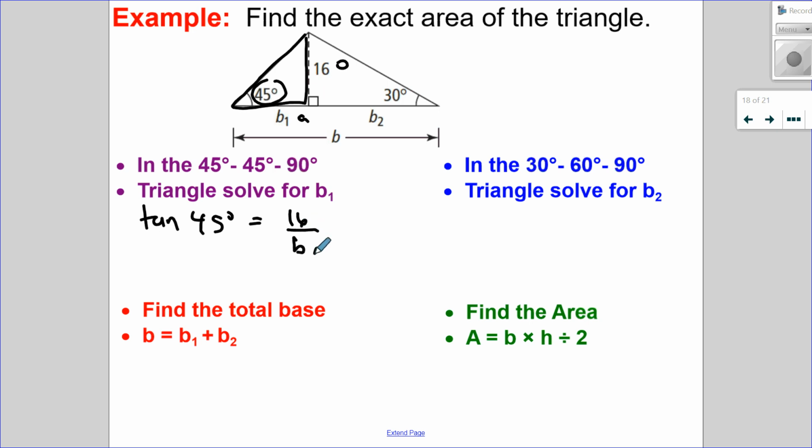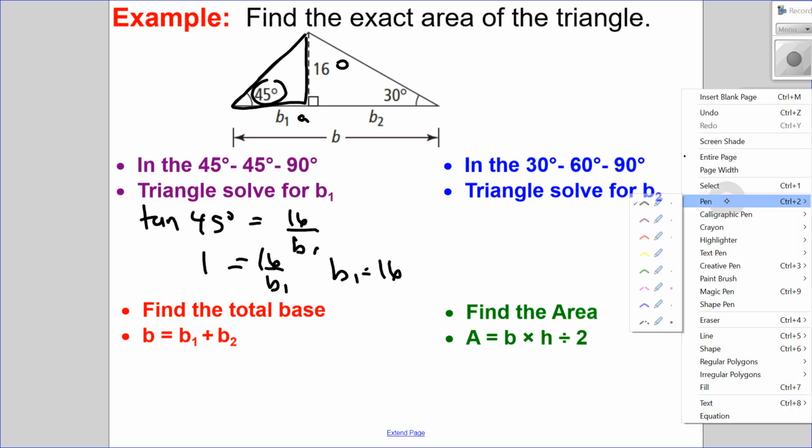Now, tan of 45, I know from either my special triangle or my hand trick is 1. So 1 equals 16 over base 1. So what that means is that I know base 1 has to equal 16 because 16 divided by 16 is 1.